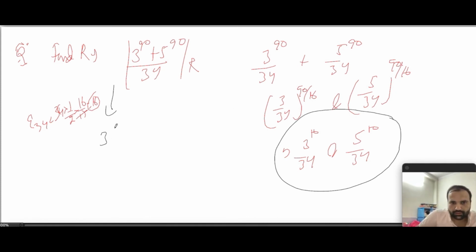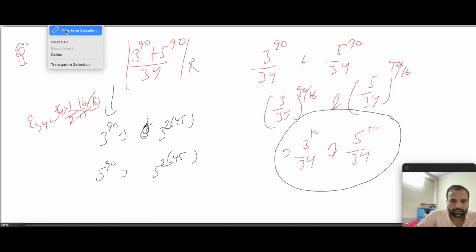See, 3 to the power 90 can be written as 3 squared to the power 45. Similarly, 5 to the power 90 can be written as 5 squared to the power 45. We have learned this, we have studied this in number system as well, isn't it?